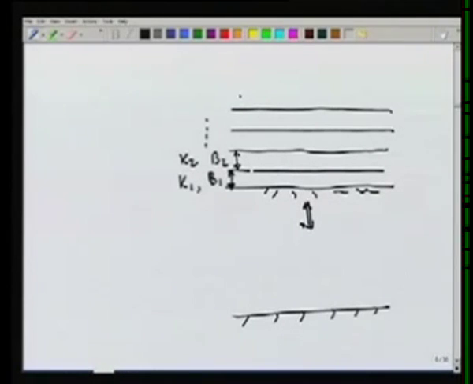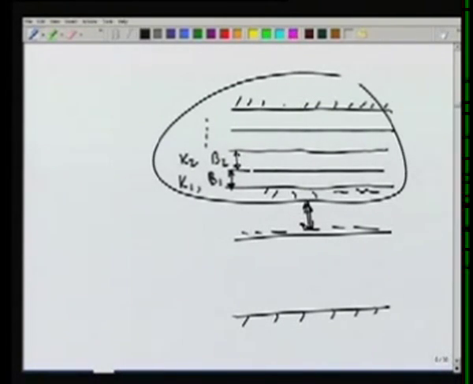Let's say that there is an impermeable layer here also. Then we would like to replace this porous medium by an equivalent homogeneous porous medium of height B.